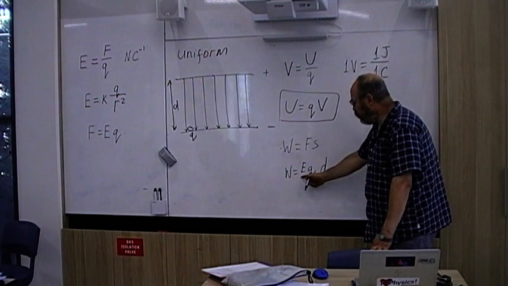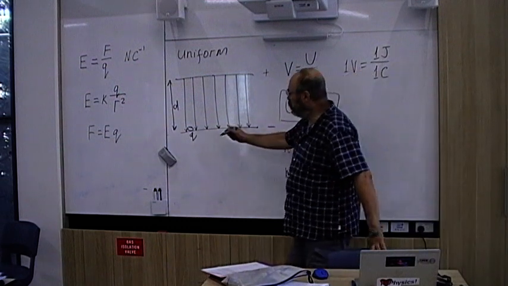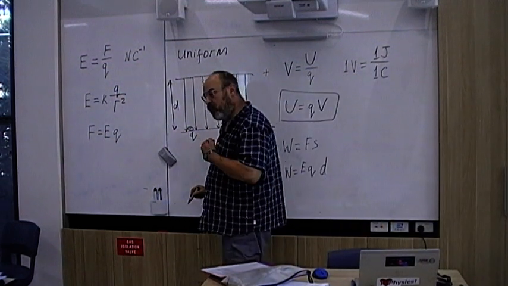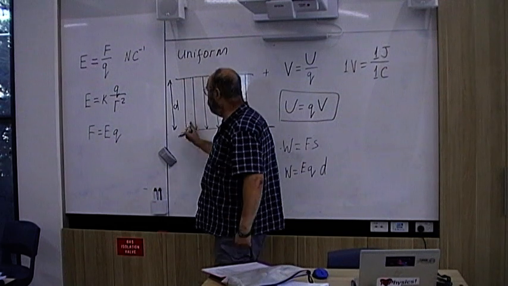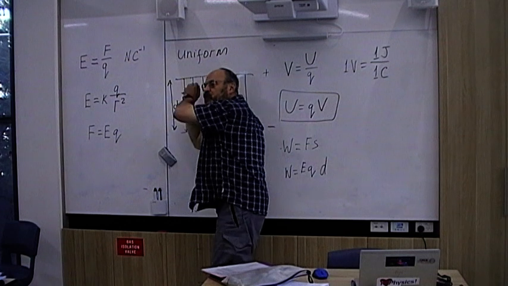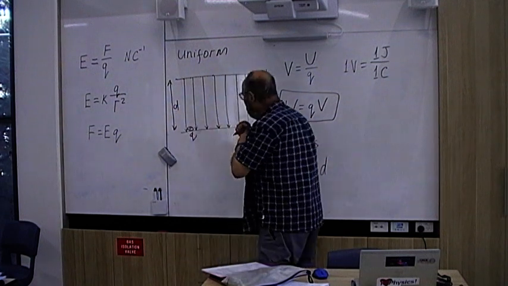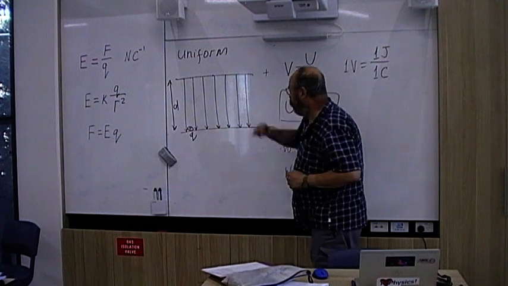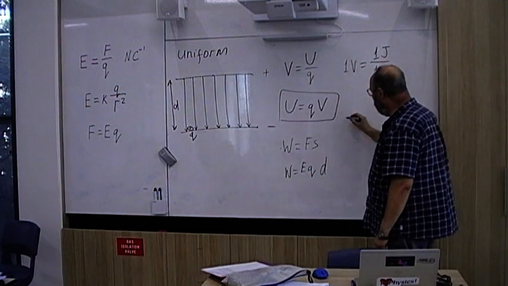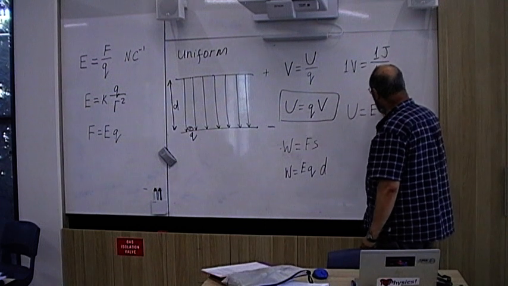And that's how much potential energy we will give. If we move a positive charge, it will not move there by itself. Positive repels positive. We need to push it there against the electric field, so we do the work. And when we move it there, it will store that much energy. So the formula for electric potential energy is Eqd.